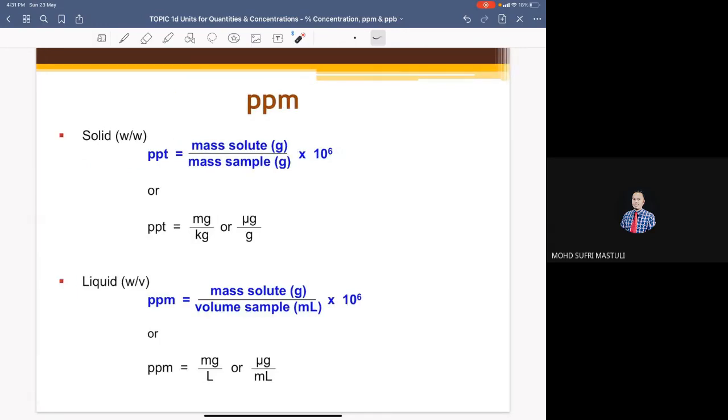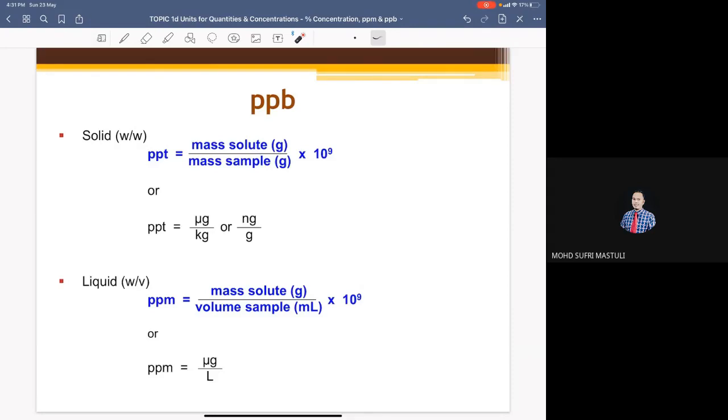ppm is part per million. So for the solid, it should be gram per gram times 10 to the power 6. For the liquid, it should be gram per ml times 10 to the power 6 for million. ppb, for the solid, it should be mass of solid per mass of sample, gram per gram times 10 to the power 9, because it's a billion.